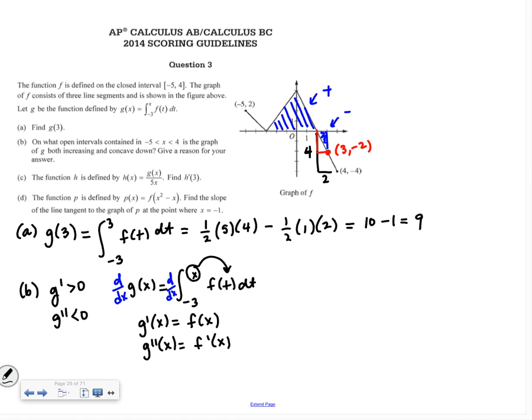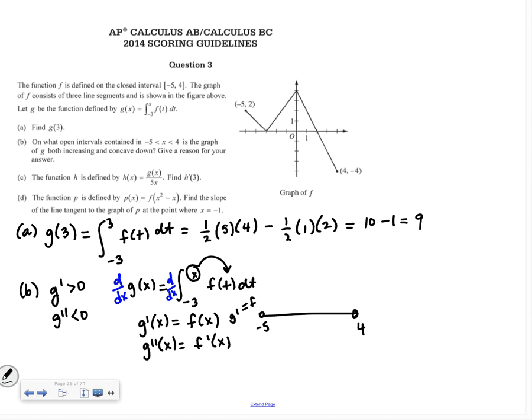So if we're looking above, sometimes it helps to use a sign chart to kind of gather our thoughts. G prime is equal to f. And we look at this graph up here. We know we're on the open interval, -5 to 4. So we actually don't include those points, but that's fine. And we want to know when f of x is positive or negative.